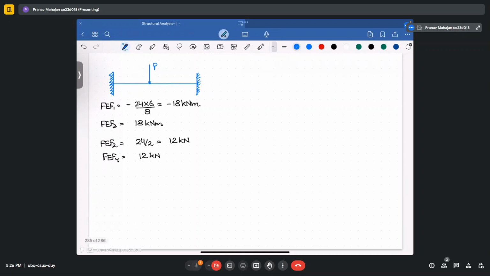So now again, drawing the equivalent nodal loads for this, it would be like this.